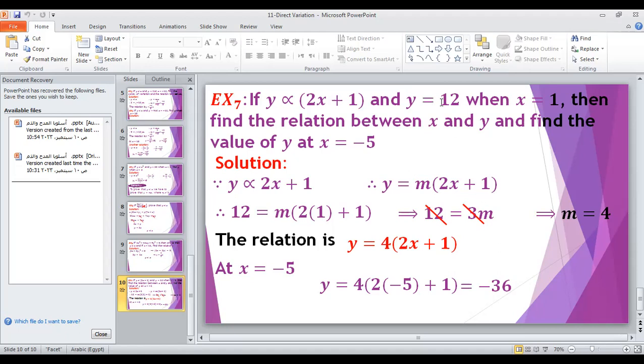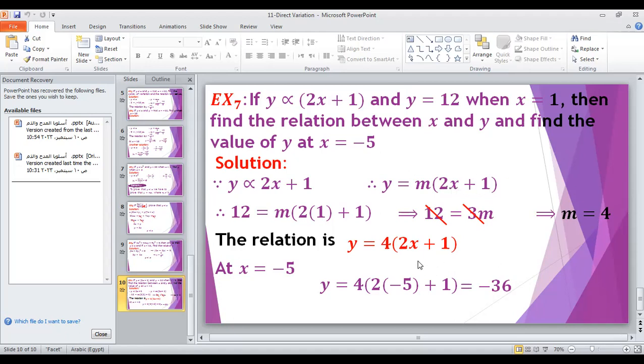In the given here, we have y equals 12 when x equals 1. Put y equals 12 when x equals 1. You will find the value of m, which is the constant of variation. Then write the relation. The relation equals y equals m times this bracket.